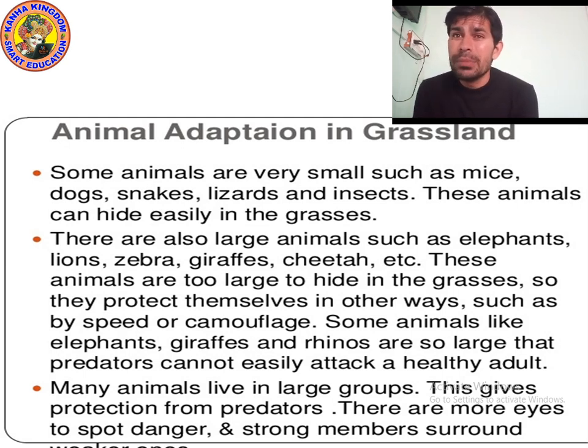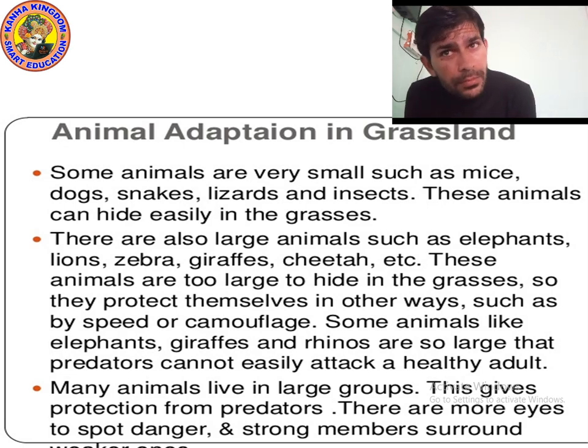Some animals like elephant, giraffe, rhinoceros are very, very large, so predators cannot easily attack a healthy adult.